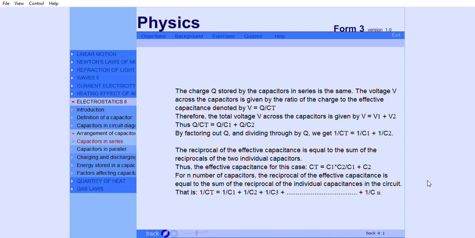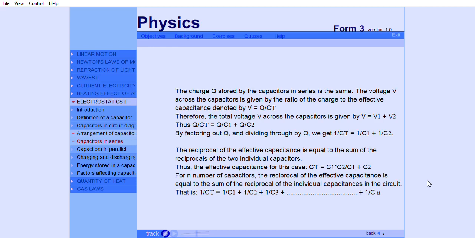Therefore, the voltage V across the capacitors is given by V is equal to V1 plus V2. Thus, Q divided by CT is equal to Q divided by C1 plus Q divided by C2.